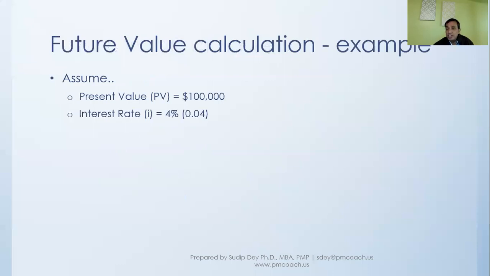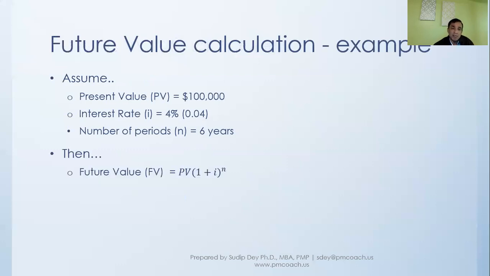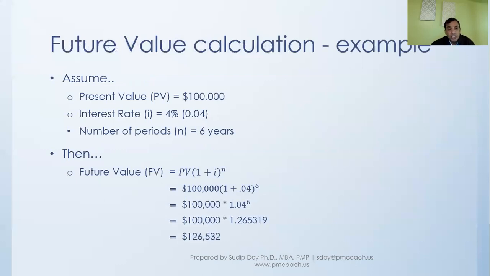And the interest rate is 4%, number of years is 6 years. And then when we plug this number in and use this formula, we will find that our $100,000 today will amount to 126,532 at the end of 6 years when we apply a 4% interest rate.